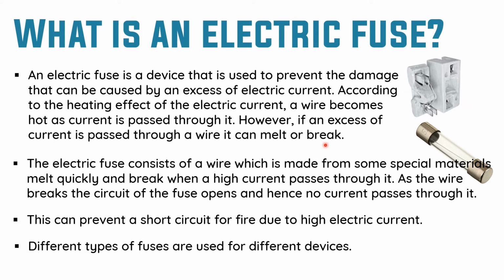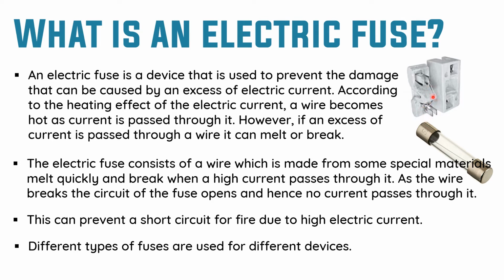So I will explain once again. This is a fuse, and here you can see one fuse wire also. You know that when electricity passes through a wire, it heats up.